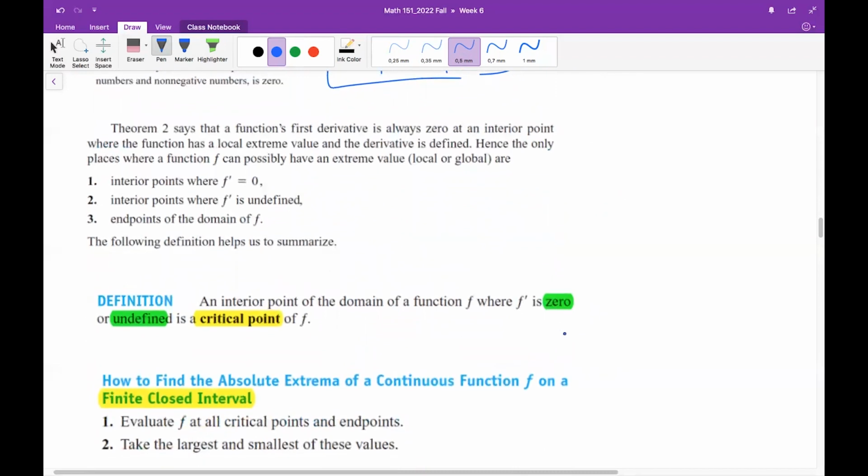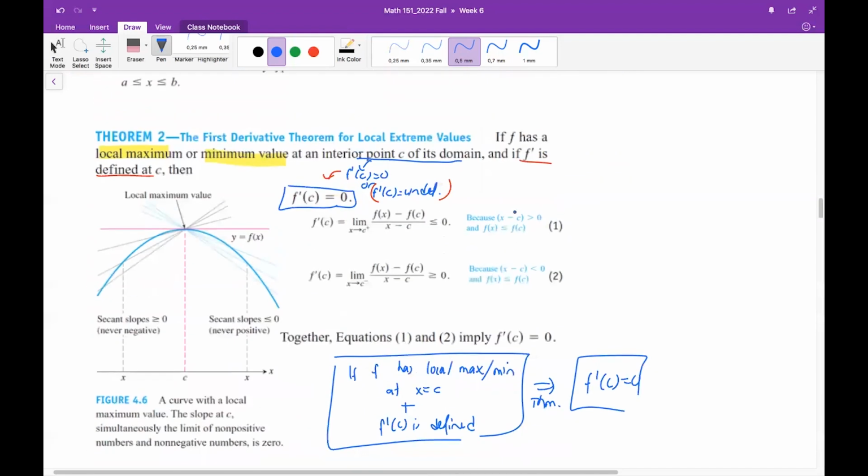So again, we are emphasizing a similar thing. f has extreme values, this time not just local max or min, we also include the global absolute max and min values. So f attains its local max, min, or absolute max, min values. At which points do local max, min or absolute max, min occur?